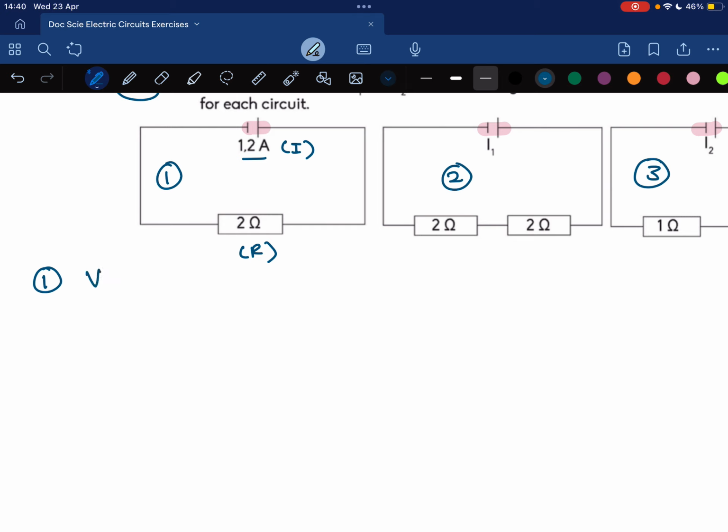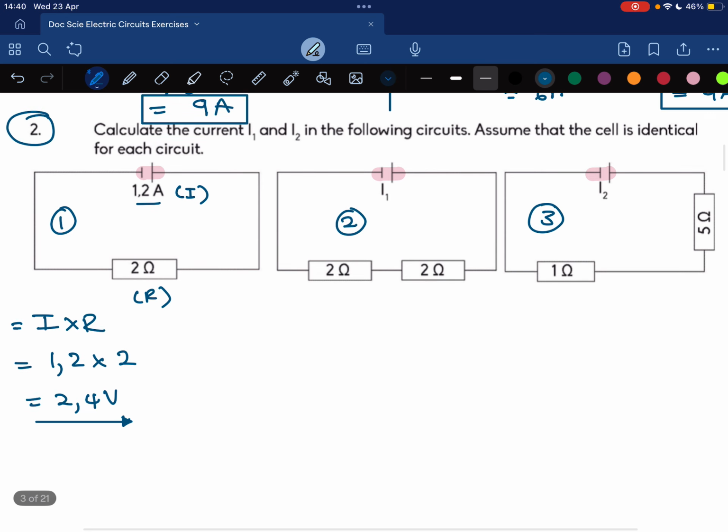So V is equal to I times R. The current is 1.2, the resistance is 2, which means the total voltage is just going to be 2.4 volts. Now that means that this one also has 2.4 volts, and so does this one.